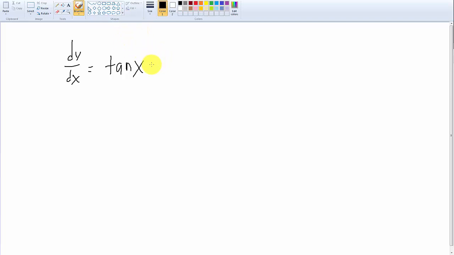So the way you do it is you think of tangent as sine x over cosine x. And then we can use what we've been doing, because the derivative of cosine x is negative sine x, which you see is in the expression.